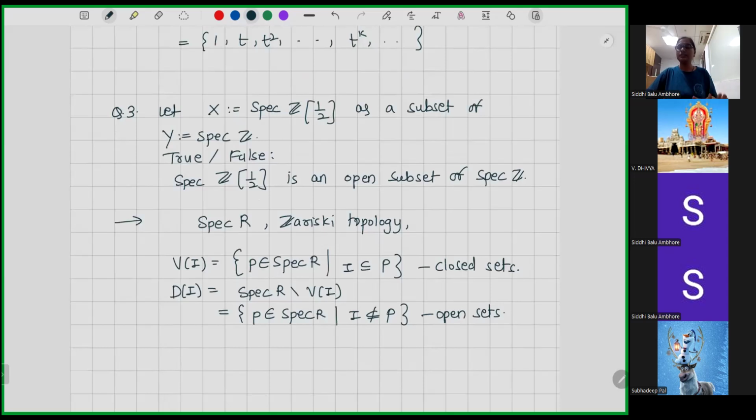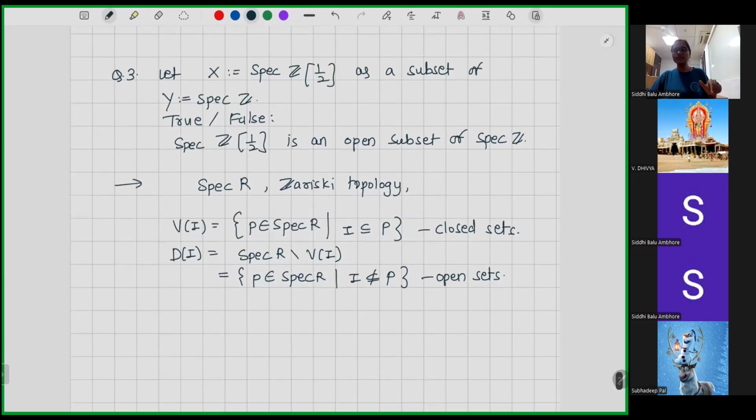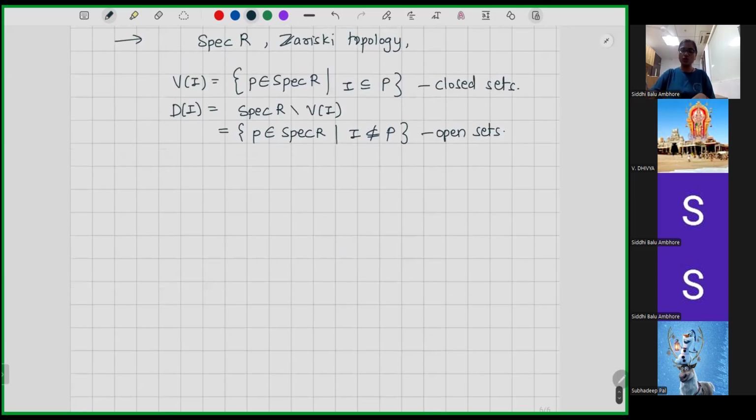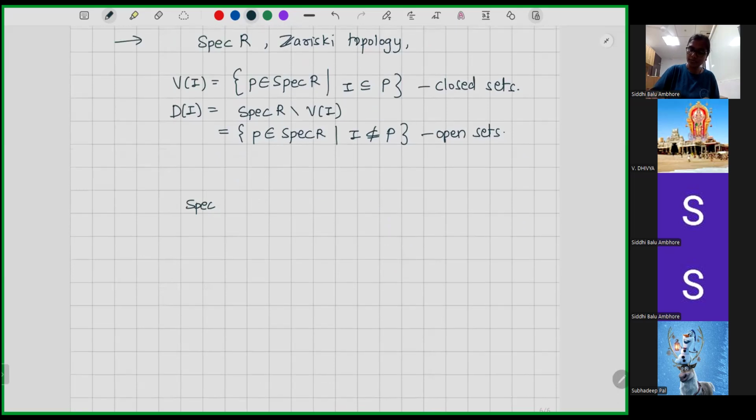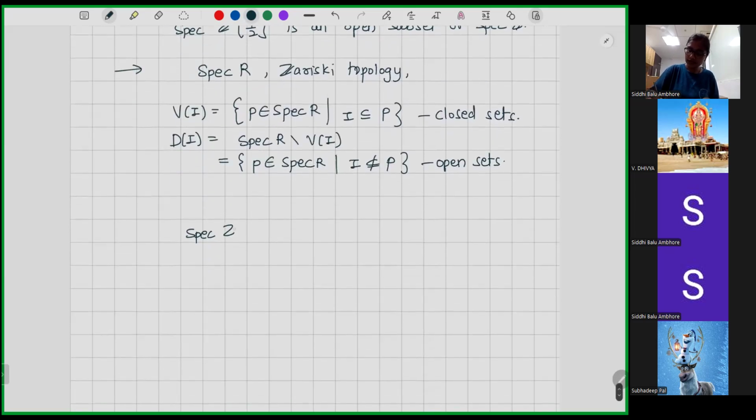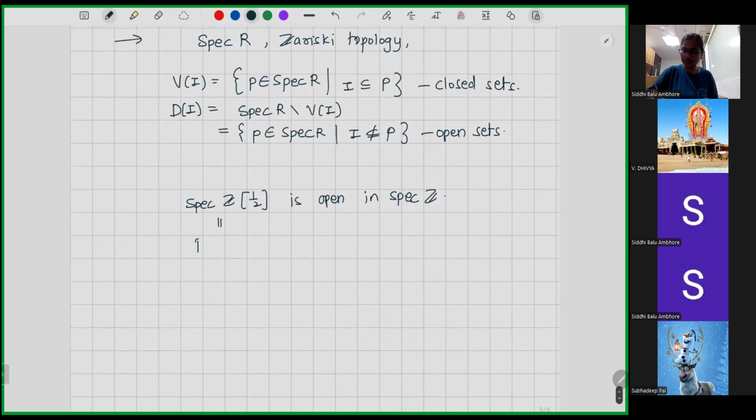So is this clear? They are asking us to check whether Spec Z[1/2] is open in Spec Z or not. Is this D(I) for some I?